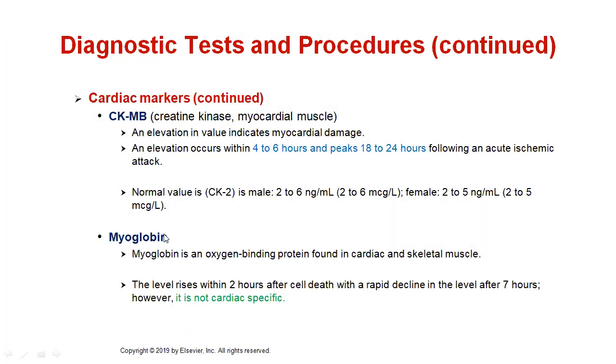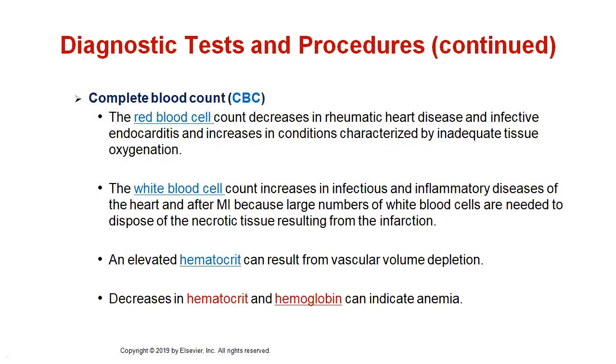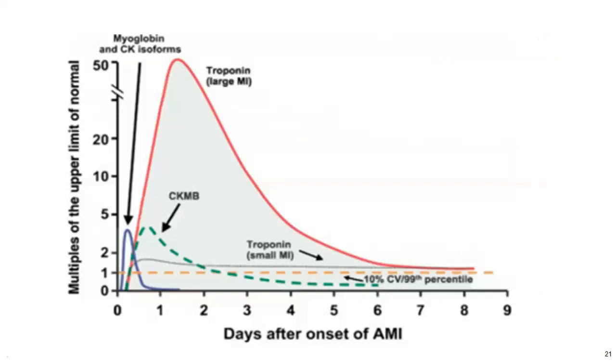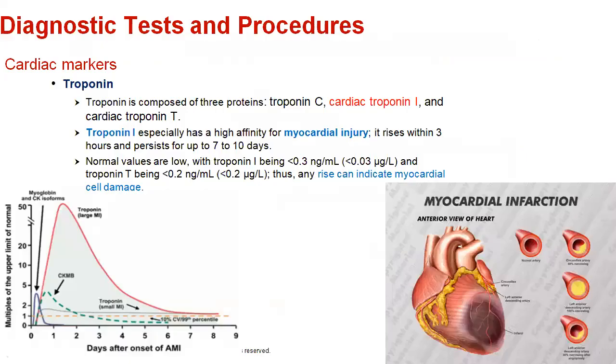So these are the cardiac markers or cardiac enzymes, right? Out of all, troponin is the most specific for the heart. There are three troponins: troponin C, troponin I, and troponin T.